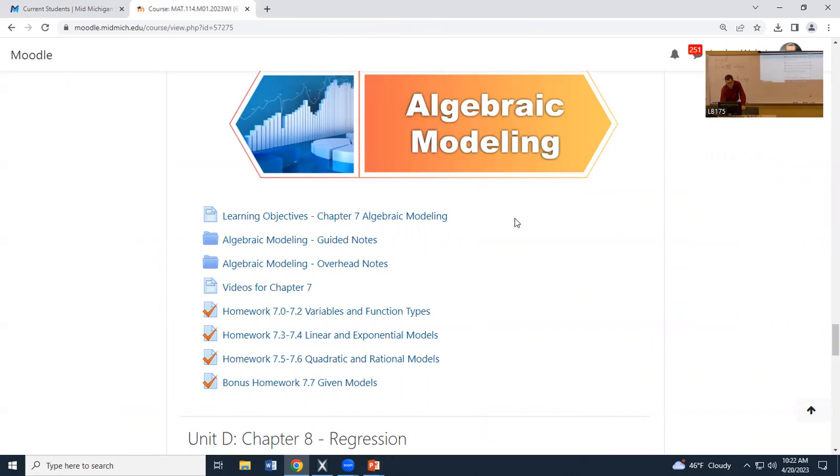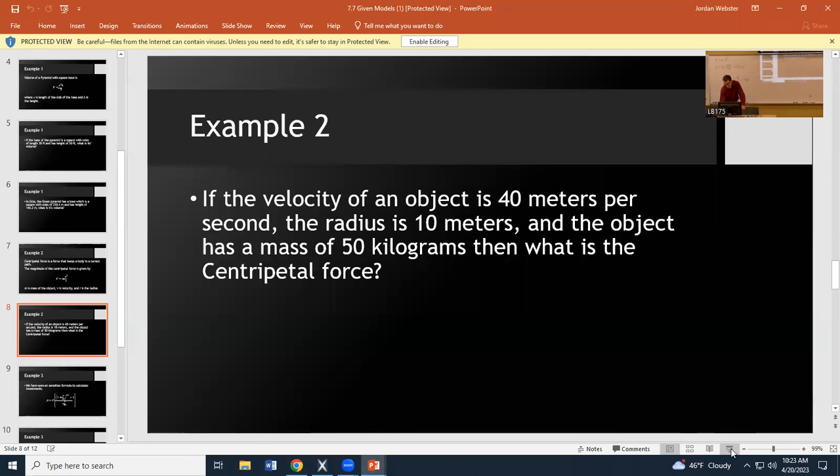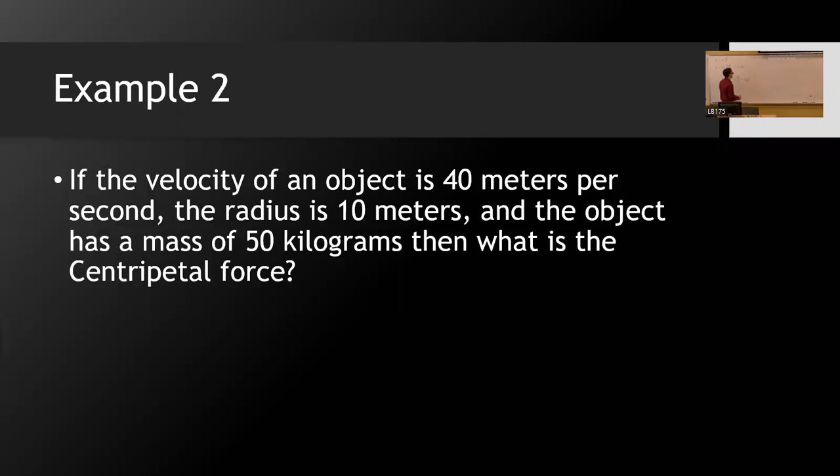This is not something you're going to be tested on, or even going to be in the bonus homework, but I just wanted to point out that measures of force are often in newtons. So this is 8,000 newtons in this example. Newton, obviously named after Isaac Newton.